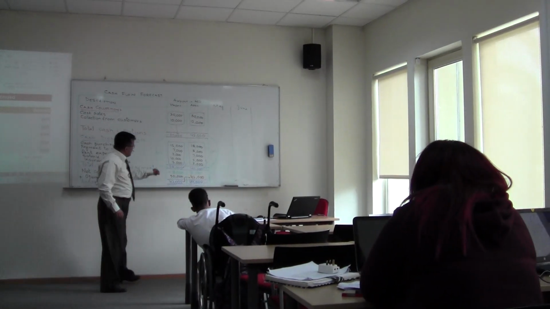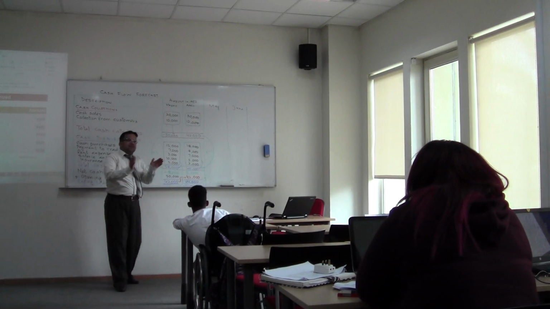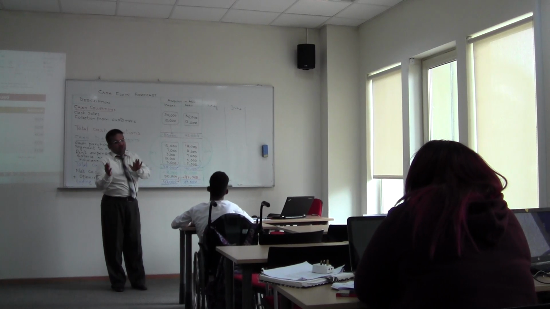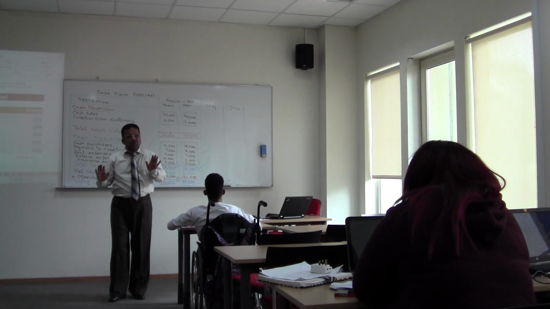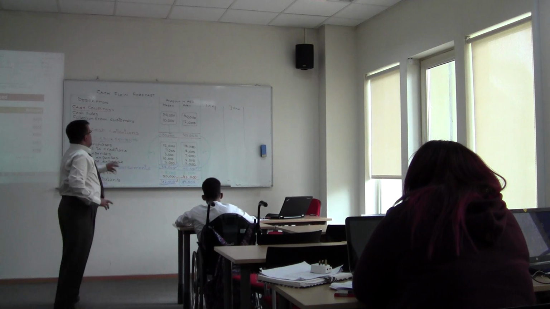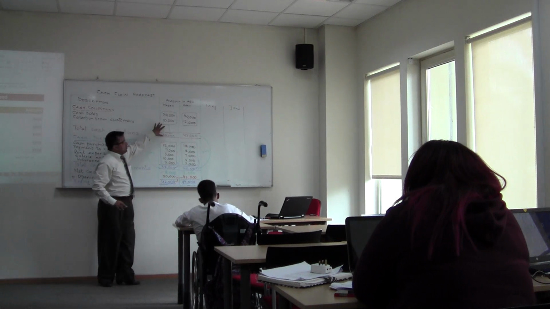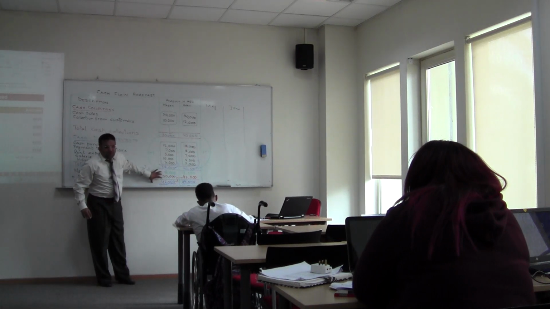Then from total collections, we will minus total payments. It will be called net cash flow. And please keep in your mind, it may be negative, it may be positive. Don't worry, don't be confused with that. Maybe sometimes in some months, your collections will be more and your payments will be less.